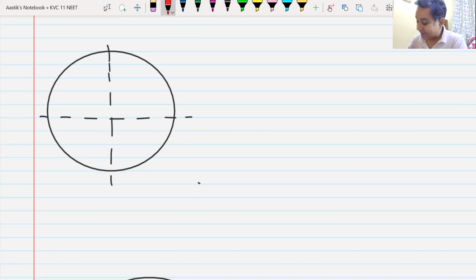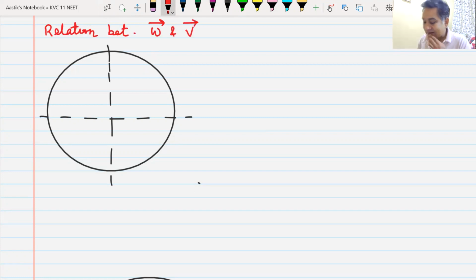Then we can write the next heading: relation between omega and v. Omega is the angular velocity and v is the linear velocity.